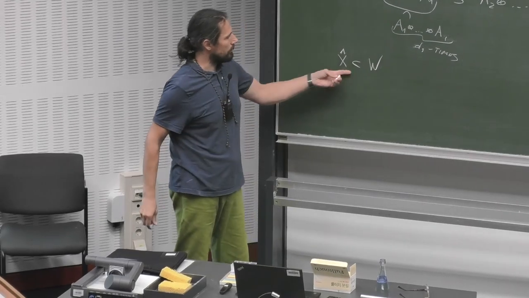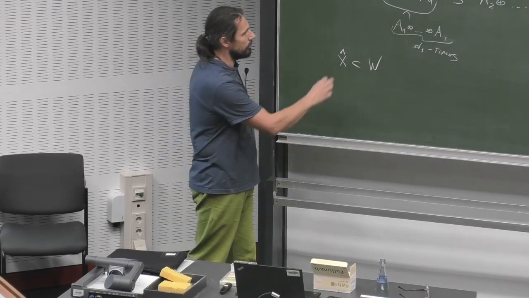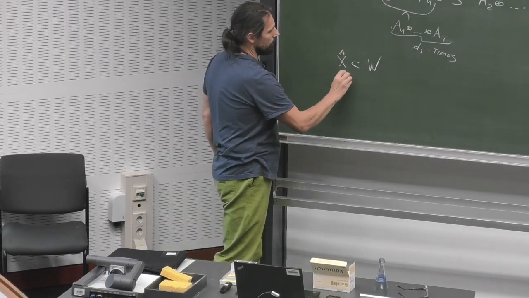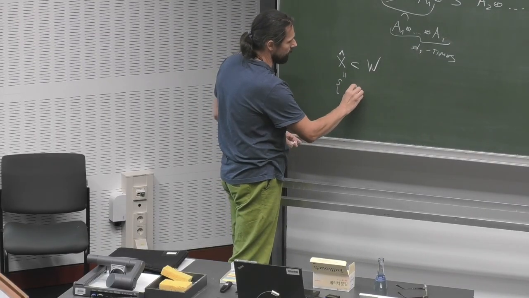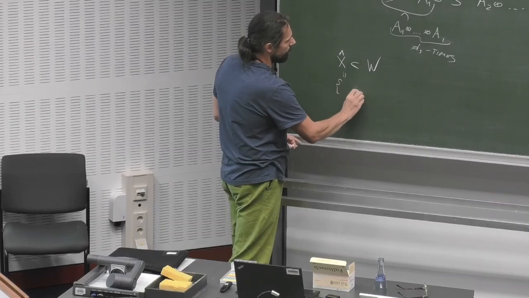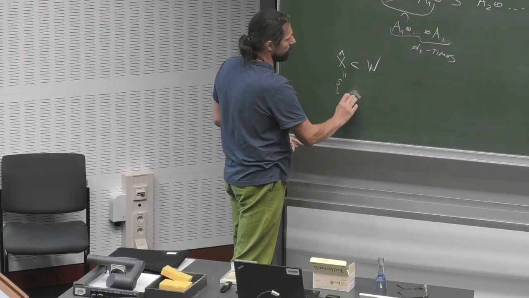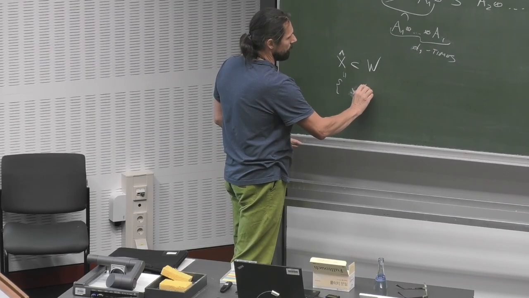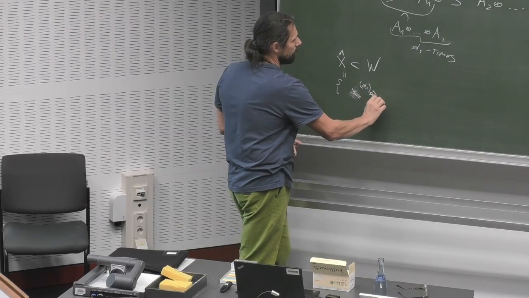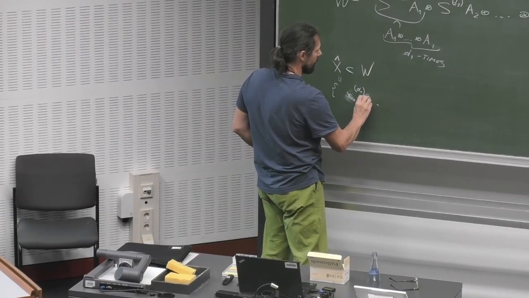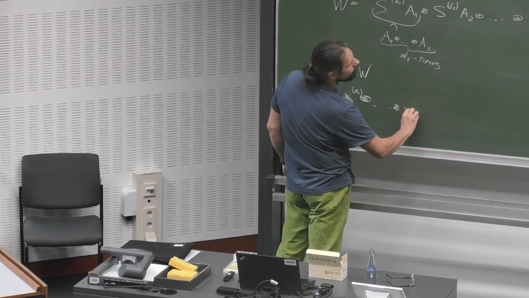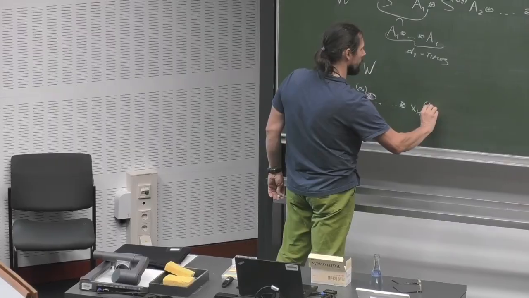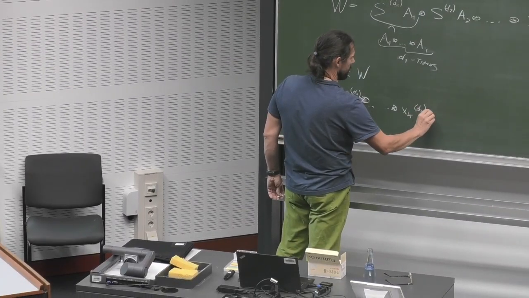It's a subset of the vector space of tensors, which consists of those tensors that can be written as x_1 to the power d_1 tensor ... tensor x_k to the power d_k. So the simplest possible tensors.